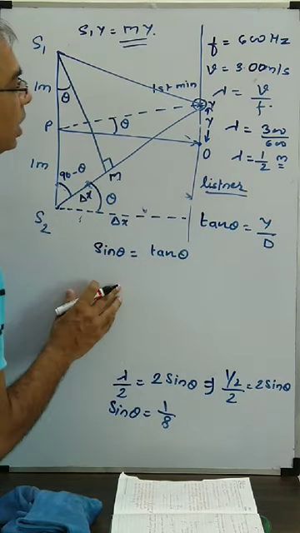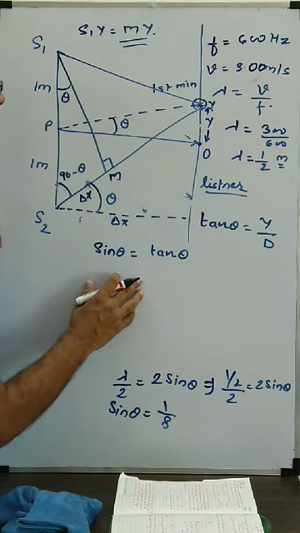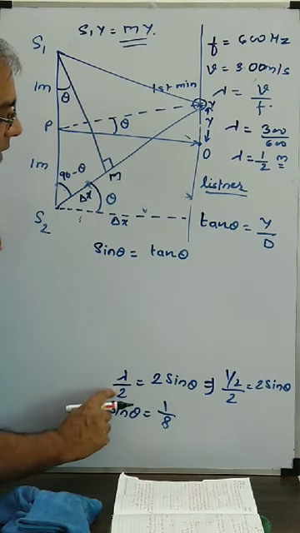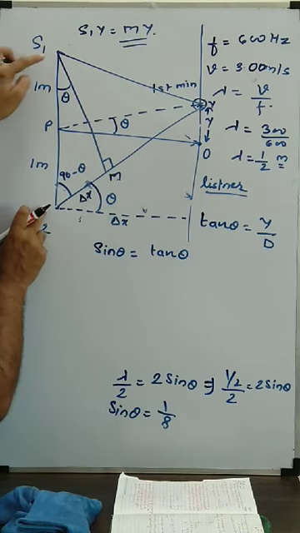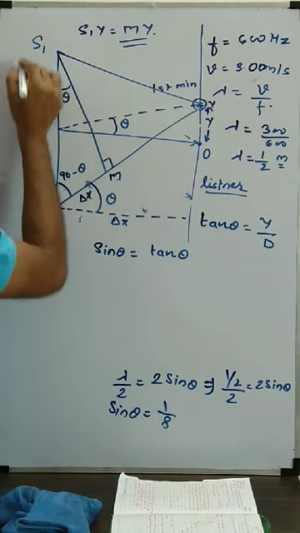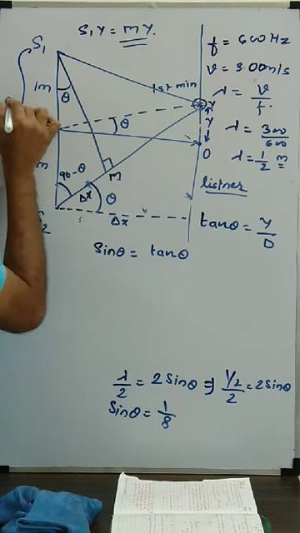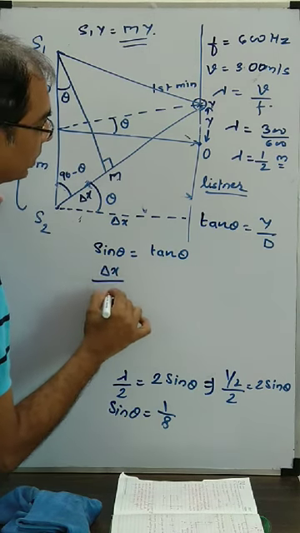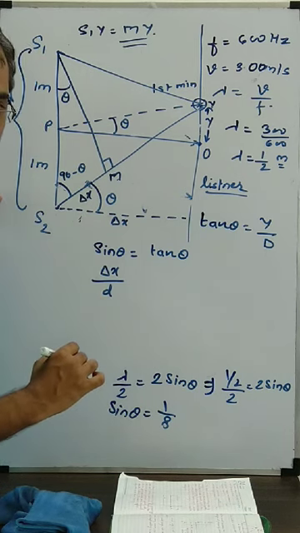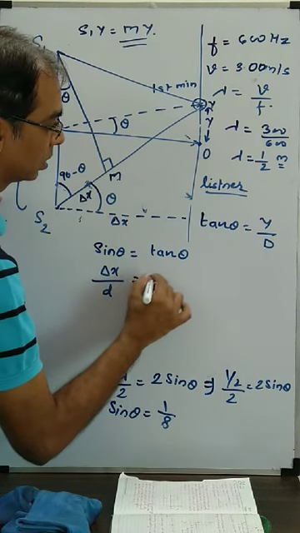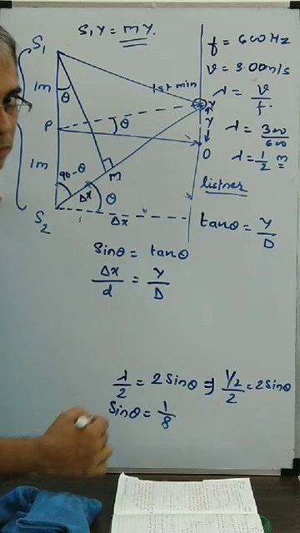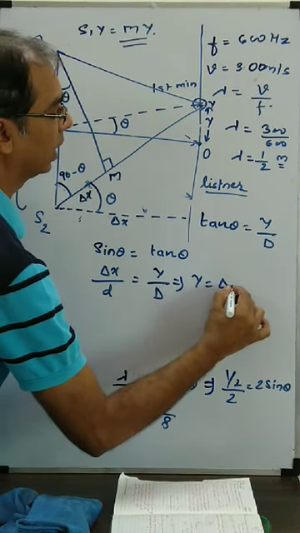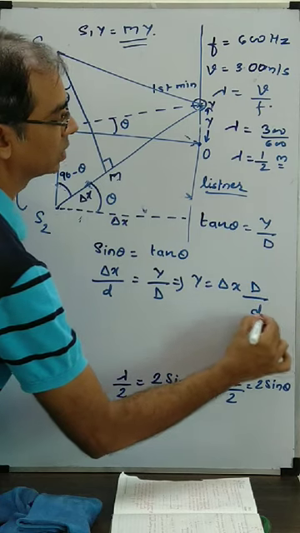Now what was the sine theta value? Sine theta value is delta x by the separation between the two sources. So right now, if I say this is d, then sine theta I can write as delta x by small d, and tan theta value is y by capital D. So y value will come as delta x capital D by small d.